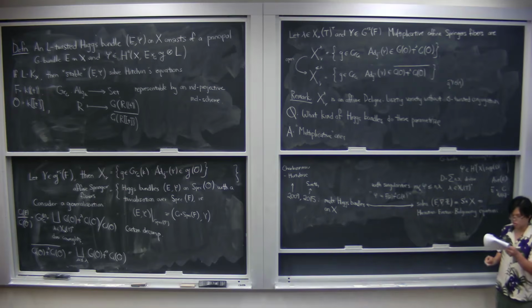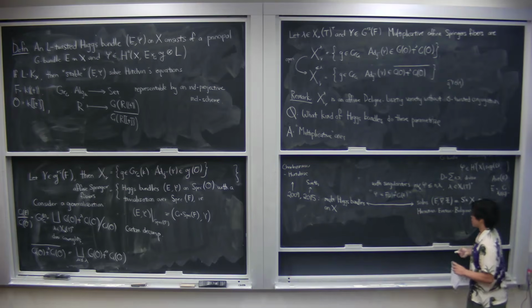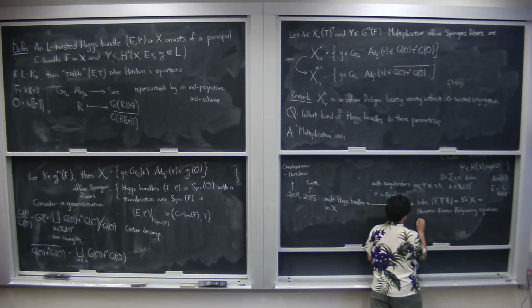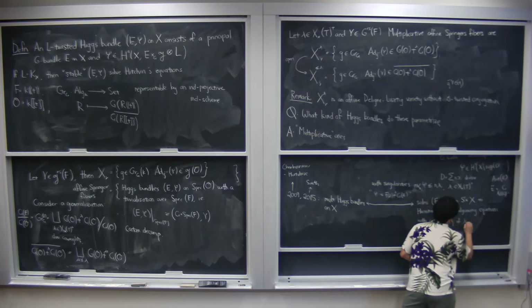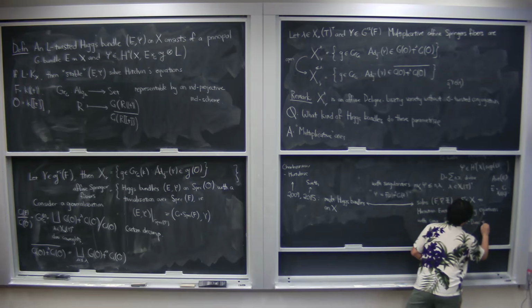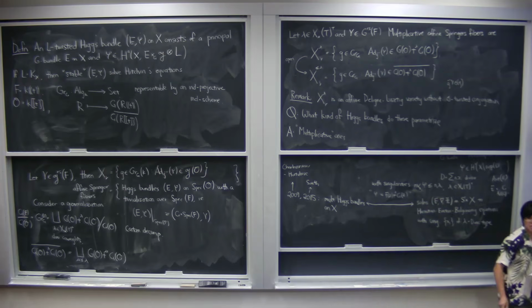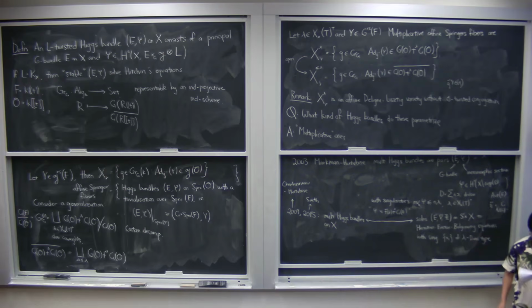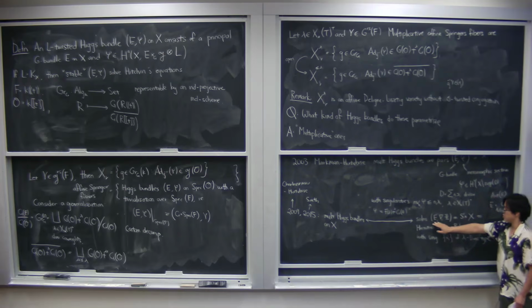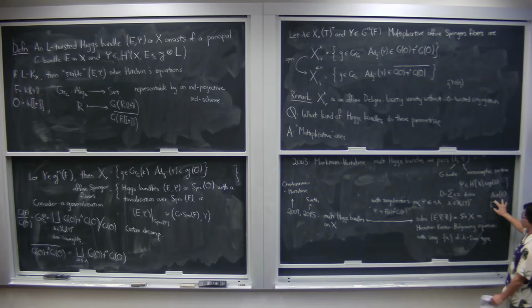And I apologize if I don't go through this in too much detail. In particular, these solutions will have singularities, singularities of type xi lambda_i Dirac type. So now we're seeing some physics in here. I think it's important to note that the multiplicative Higgs bundle is an object over X. But for these principal Higgs bundles, you have a connection and you also have a meromorphic section of Aut(E).